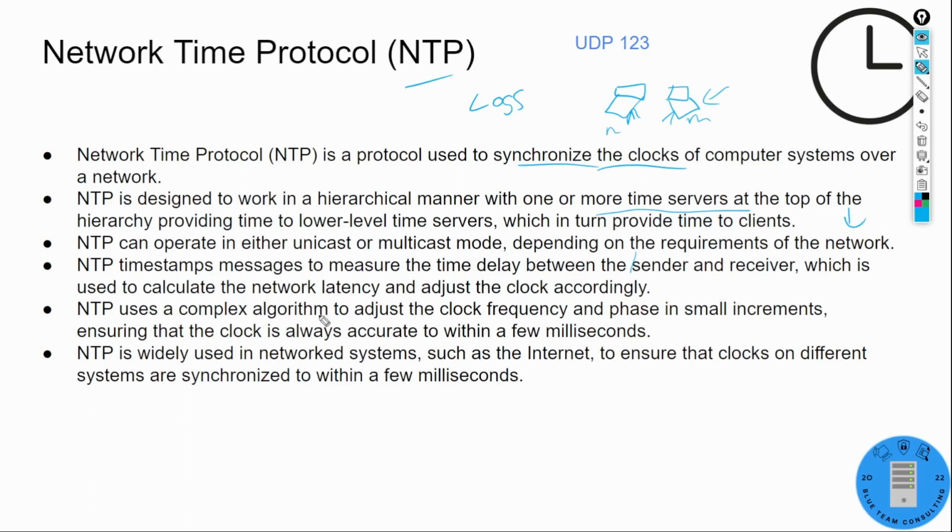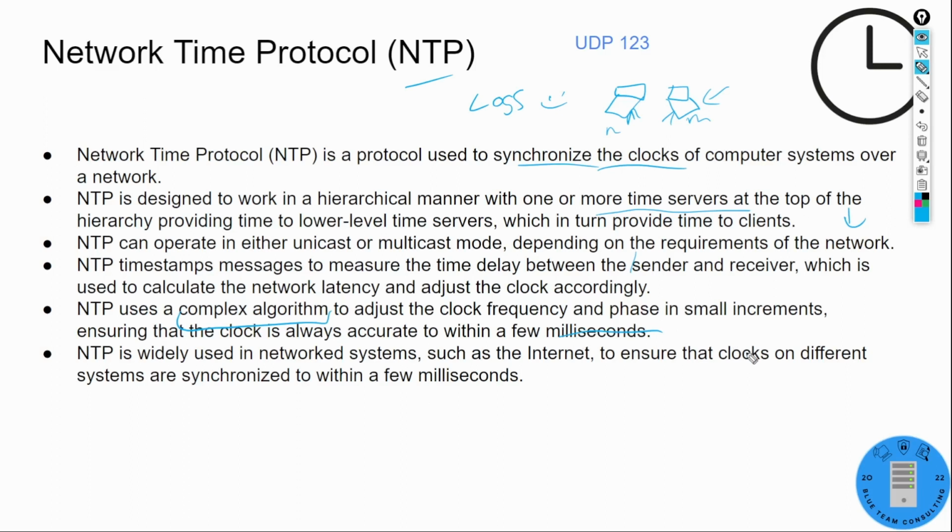It's a complex math algorithm, of course it is, because we're working with computers, to adjust the clock frequency in small increments, ensuring that the clock is always accurate to within a few milliseconds. So that would be pretty good for our log analysis. It's widely used in network systems such as the internet to ensure the clocks on different systems are synchronized to within a few milliseconds.